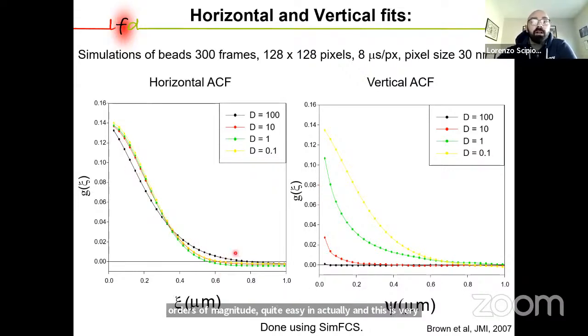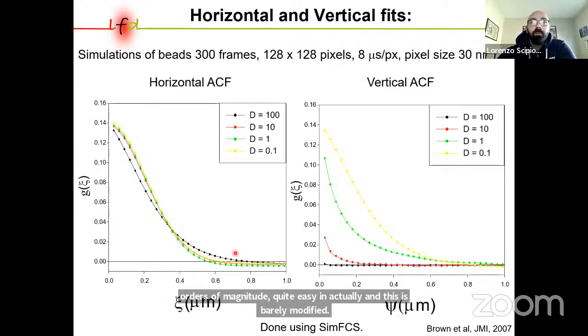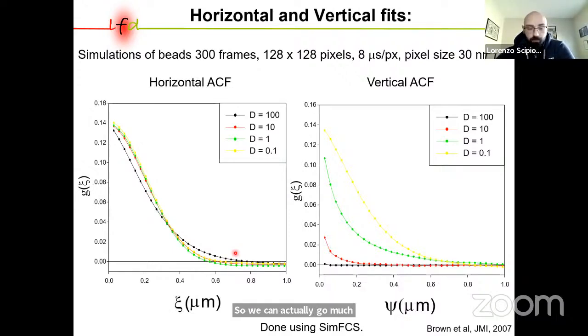So we can actually go much faster, or tweak the parameters and go much slower, right? This is interesting because this is basically the physiological range, let's call it, for proteins diffusing in cells. So a fraction of a square micron per second is typically what you would expect for something that diffuses along the membranes.